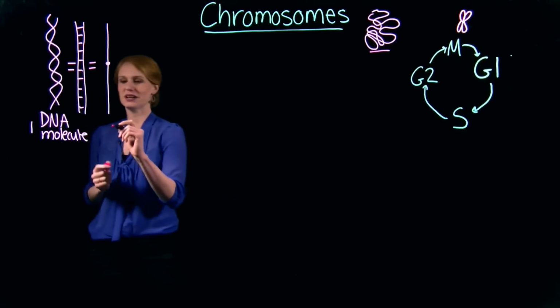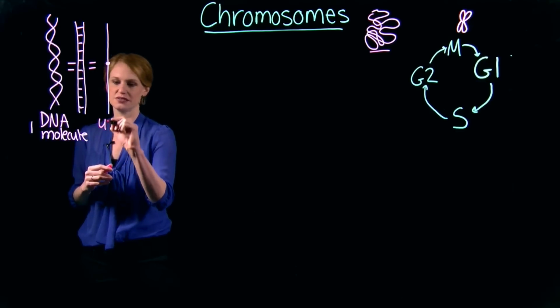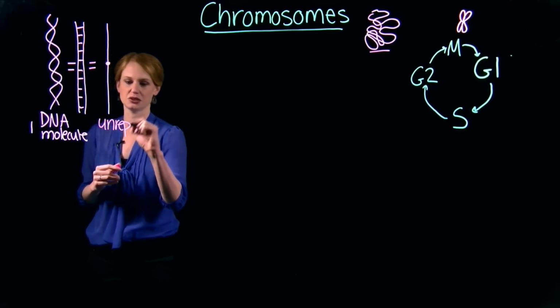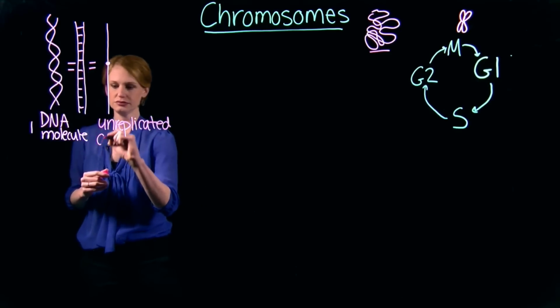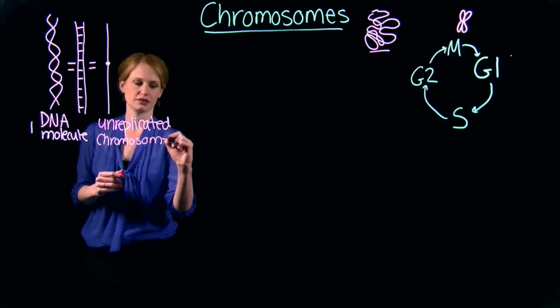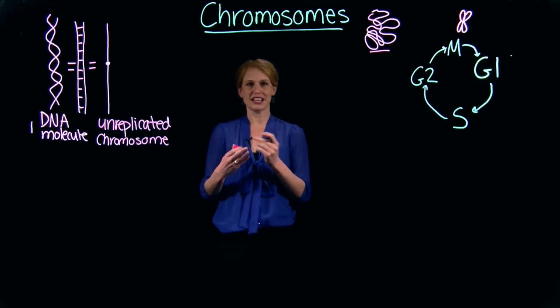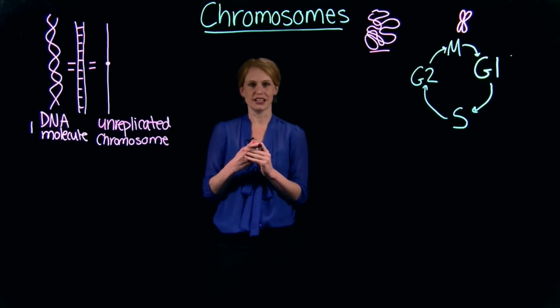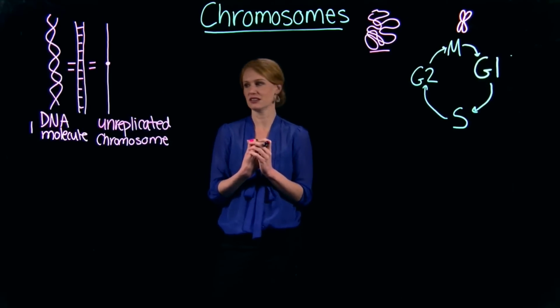So one DNA molecule at certain points in the cell cycle is called a chromosome, and specifically it's called an unreplicated chromosome. This unreplicated chromosome is not just DNA, it's wrapped around proteins to help it from getting tangled, but we're not going to depict those in this video.